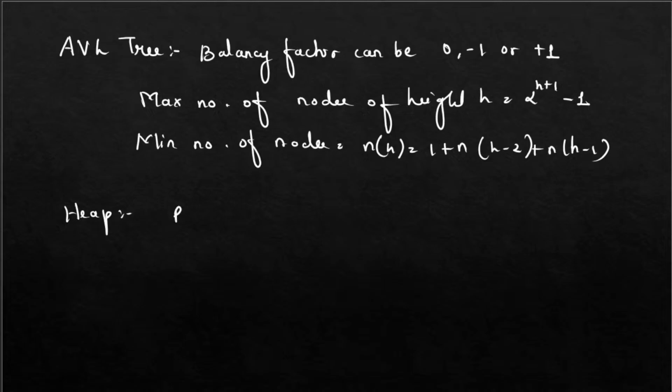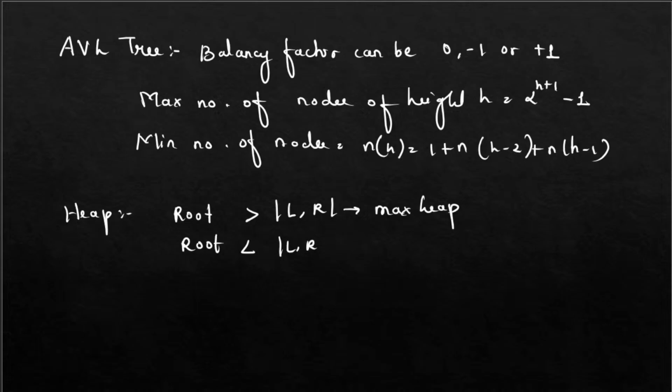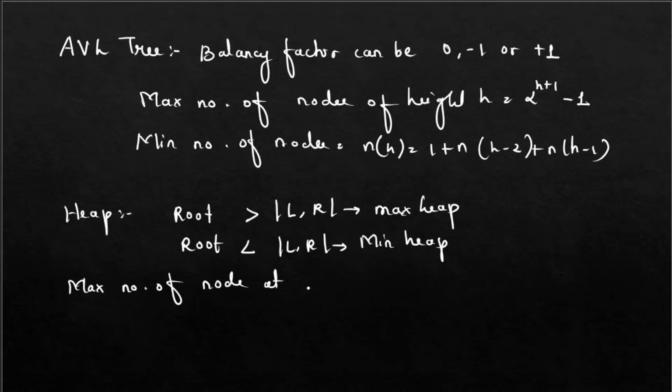So root greater than the maximum of L comma R is max heap, and root smaller than L comma R is min heap. The maximum number of nodes at level i of a binary tree is 2^(i-1).